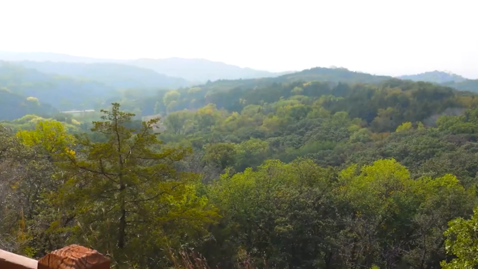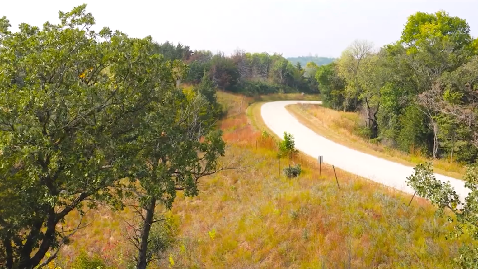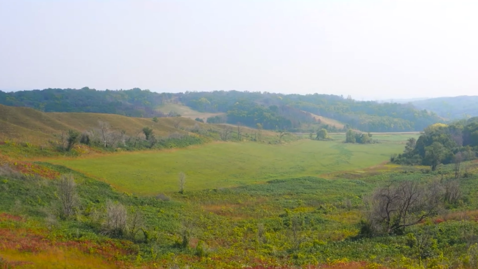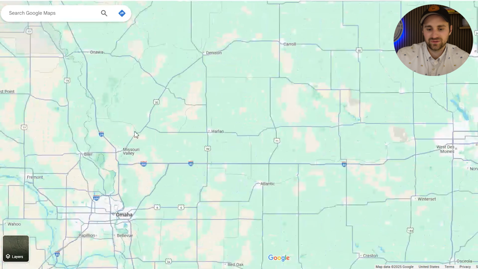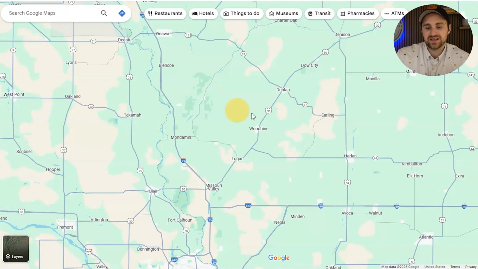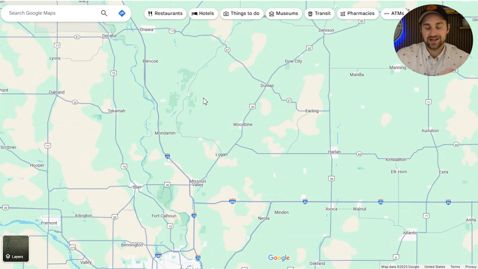It's a lot more rugged. It's not as rugged as the eastern part of Iowa where you have rock outcroppings and all that, but you have a lot less density when it comes to people. The small town that I grew up in was only about 1,500 people, and we lived in the foothills of the Loess Hills and I absolutely loved it.